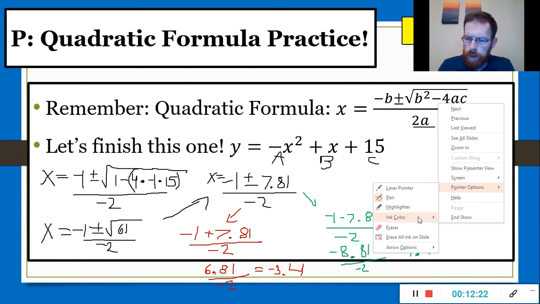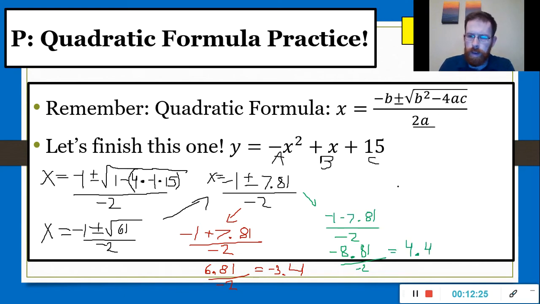Alright, write this back in black if you have any AC/DC fans in your family. My solutions for x are a -3.4 and a positive 4.4.